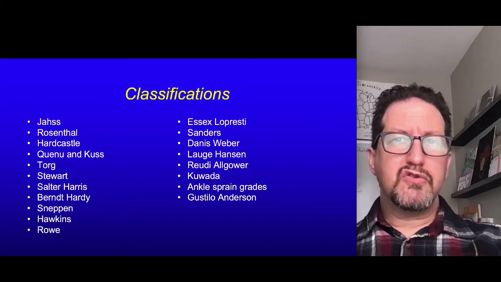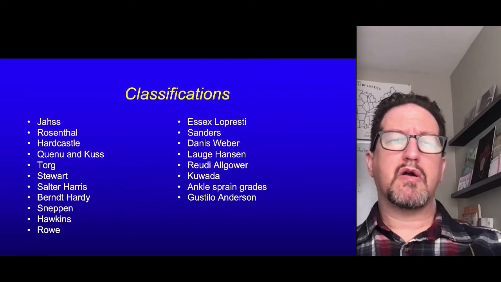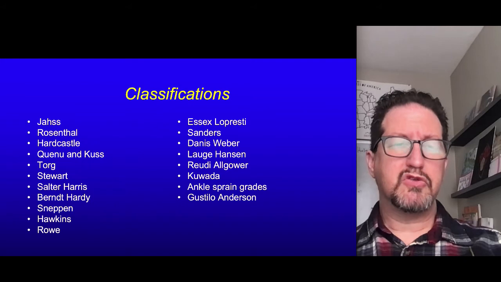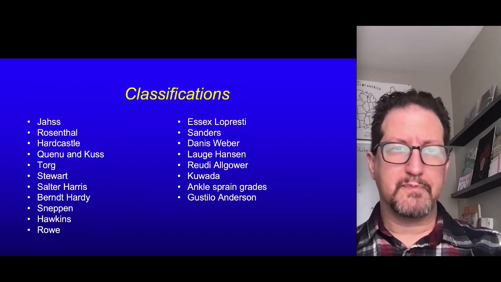And as I made you aware, as you've probably seen already, there are a zillion classifications for trauma. Lucky you. You need to know every classification that has been discussed in this class so far.